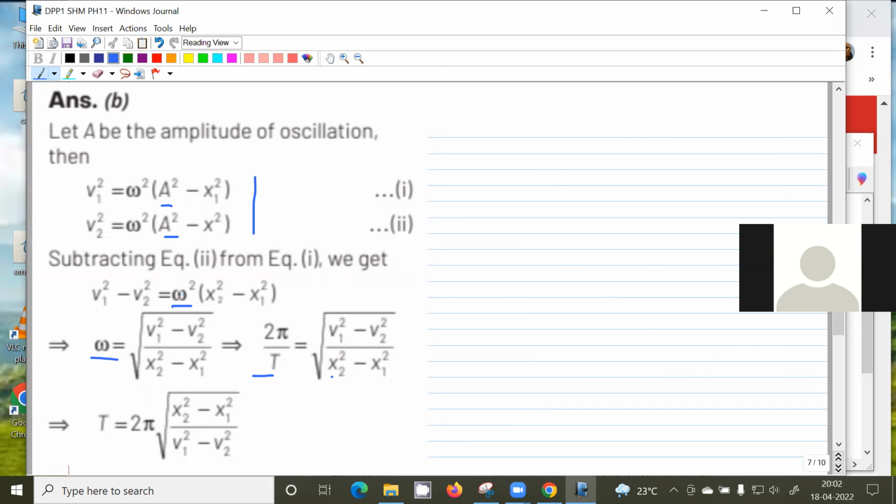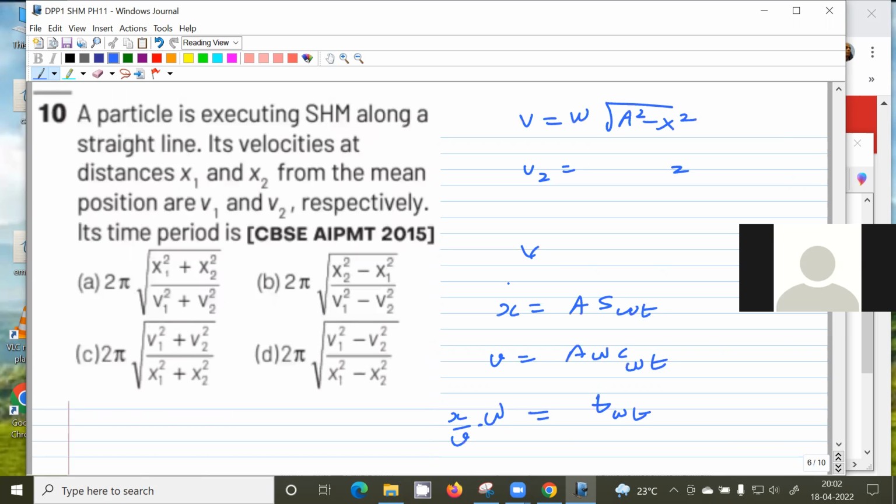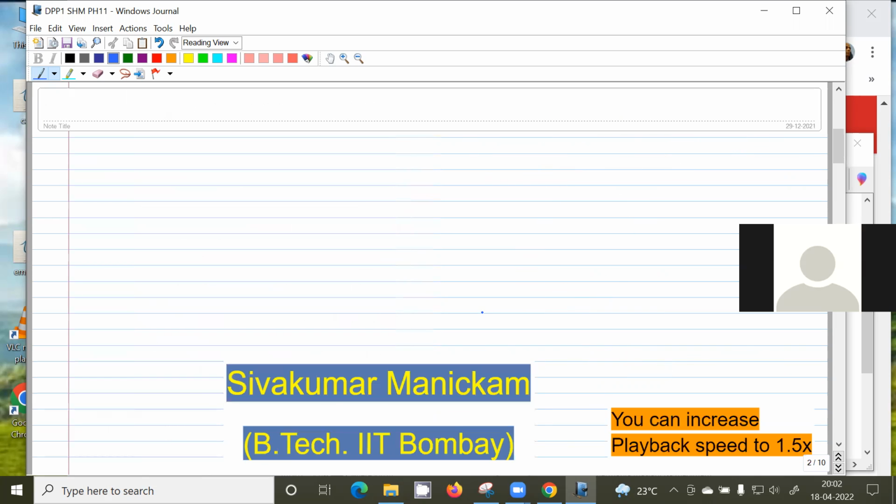So you have to remember this formula for velocity: omega into square root of a square minus x square. And what is the formula for acceleration in terms of x? Minus omega square x. So basically, velocity and acceleration are functions of time.